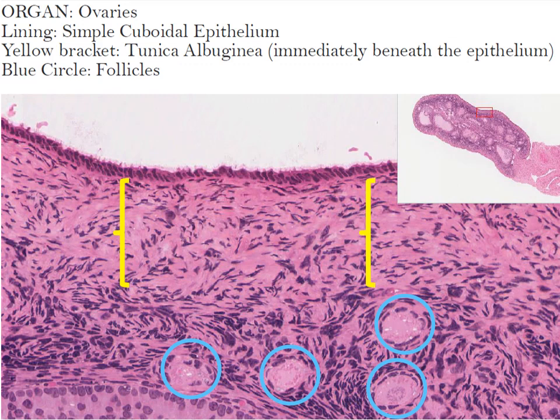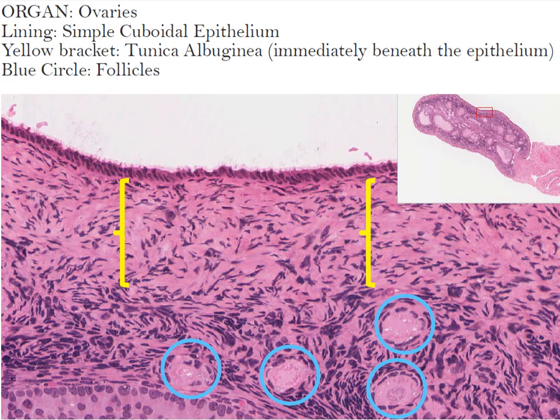So first, ovaries tayo. The lining epithelium is simple cuboidal epithelium, and this is for the reabsorption and filtration of the hormones that is needed and nutrients that is needed for the development of the follicles.